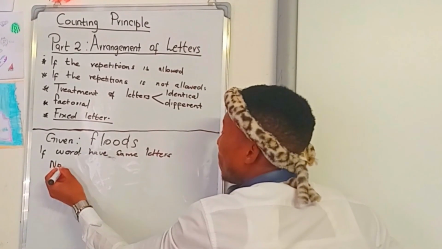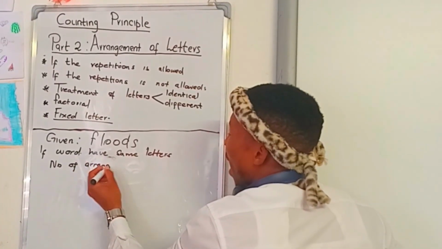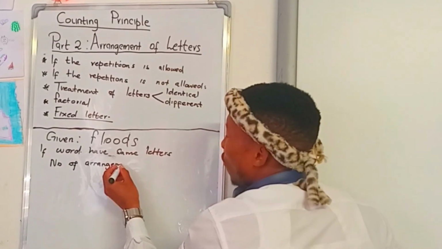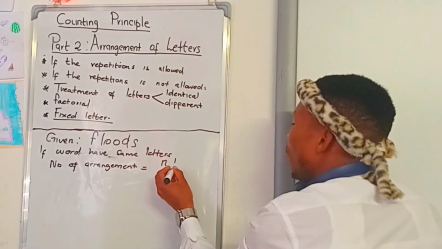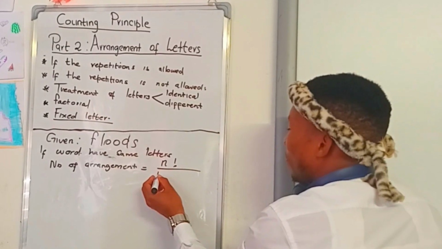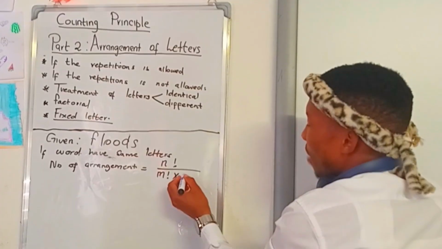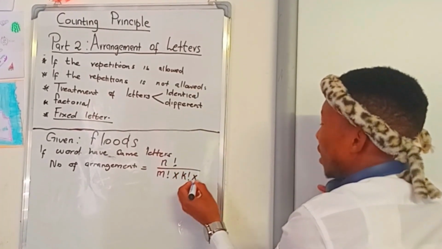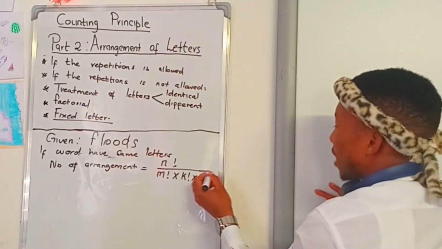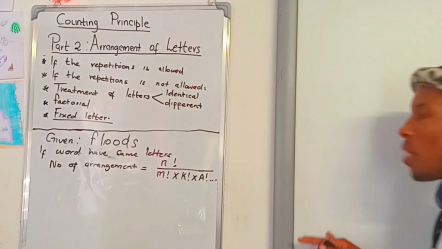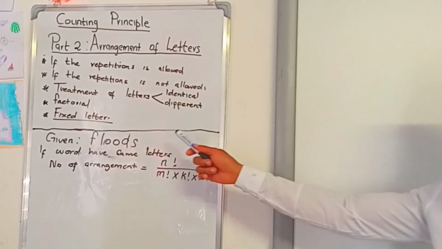The number of arrangements is equal to n factorial divided by m factorial times k factorial times a factorial, and so on. We have the formula that we normally use for the treatment of letters.